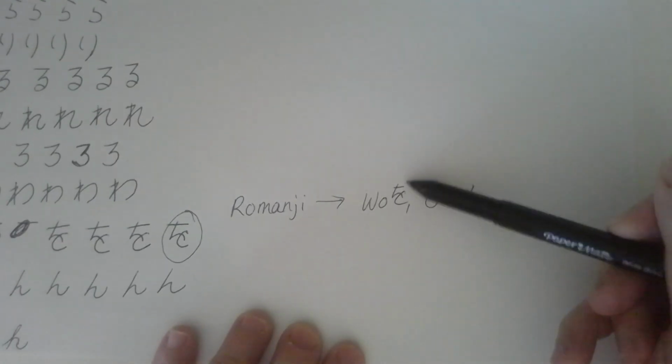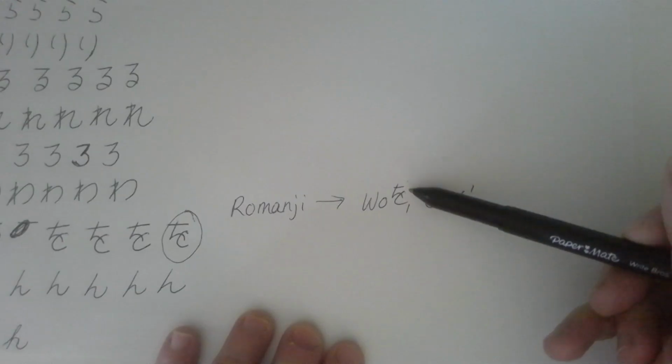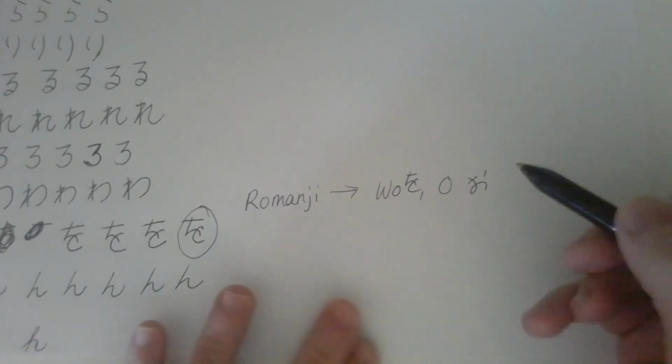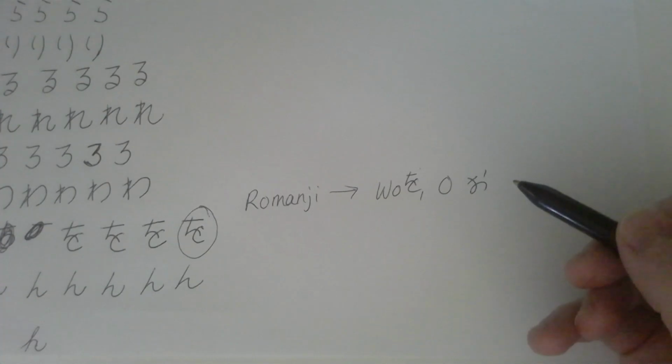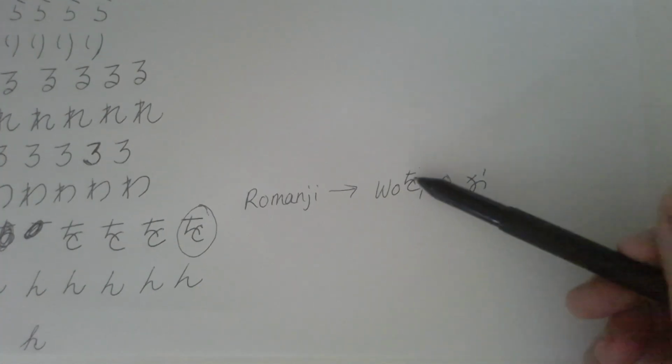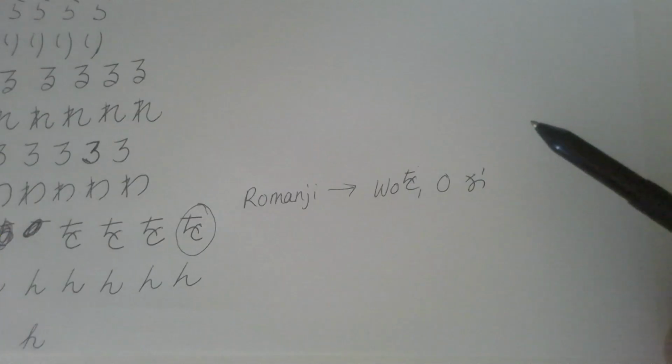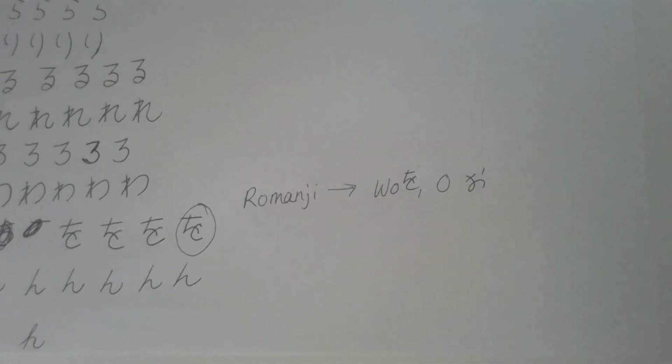So this one, wo or o, it's actually a particle, which means it's like a grammar thing. It shows what the object of the verb is.